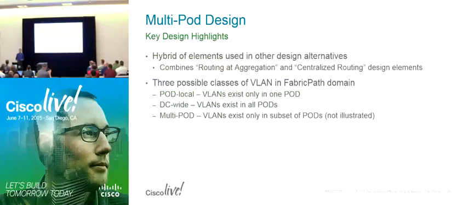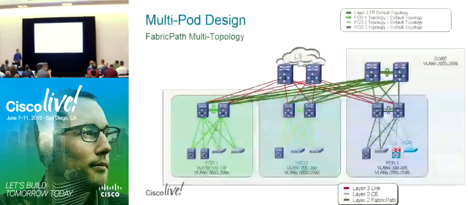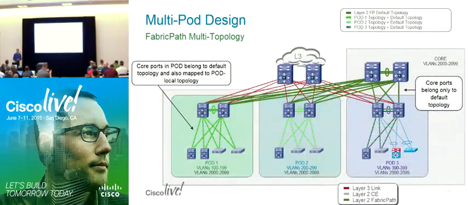So what they did, they built one fabric, and they said, okay, I will have one pod within my FabricPath, or one topology within my FabricPath, to host these applications. I will have another pod or FabricPath topology to host a different set of applications. And finally, I'll have 3 for the third portion. From the configuration perspective, it translates into the following.